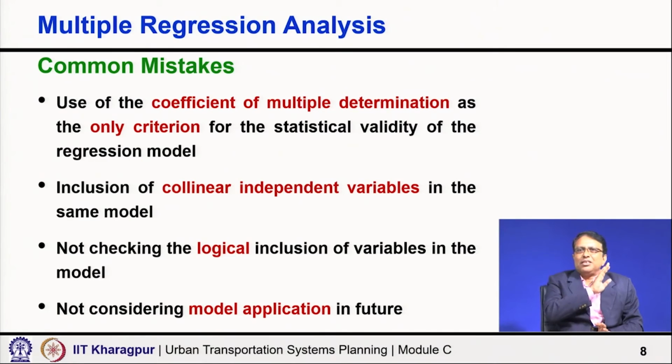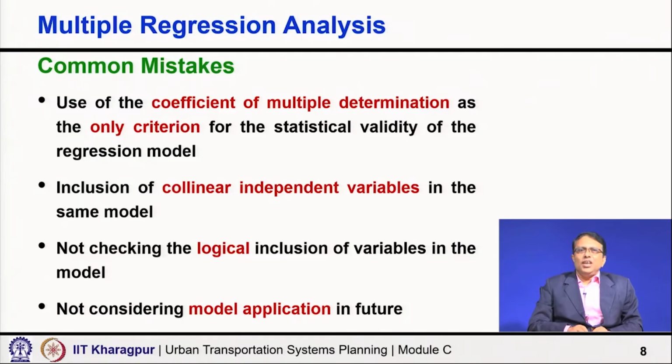I have given a number of examples in the last few lectures, and in this lecture, to convince you that R square is not everything. A high R square does not always mean a good model. Maybe even a lower R square can give you a much better model if all other aspects are correct.